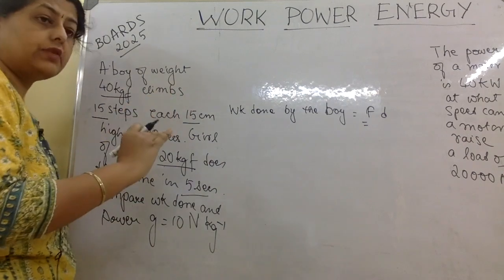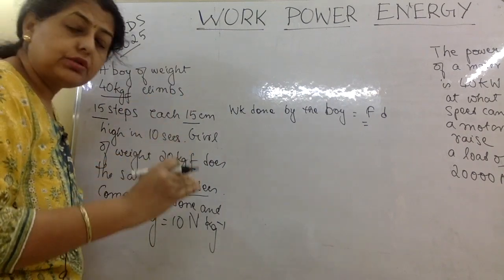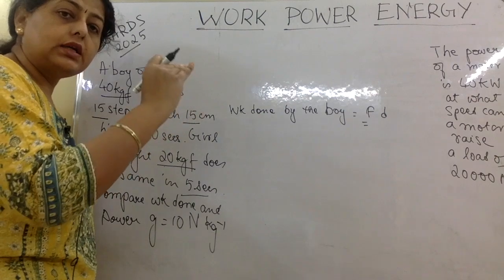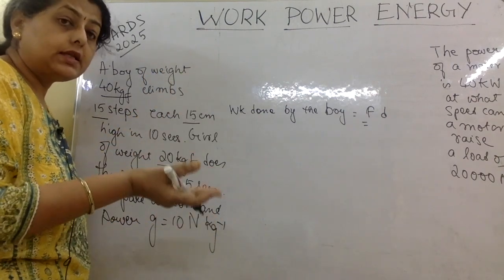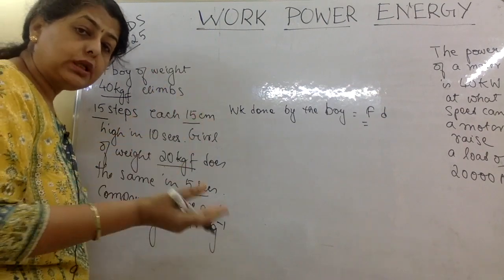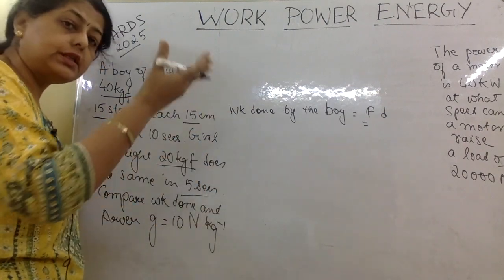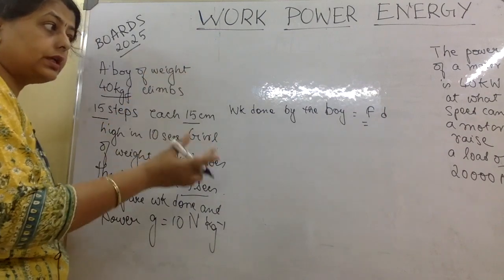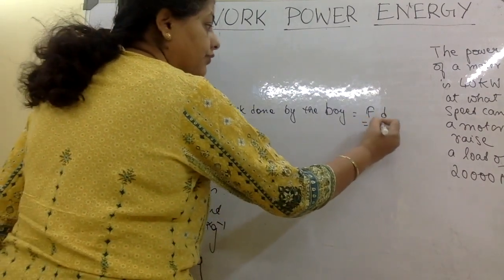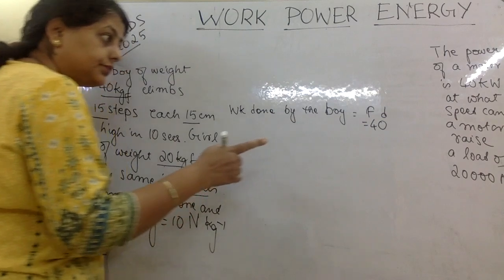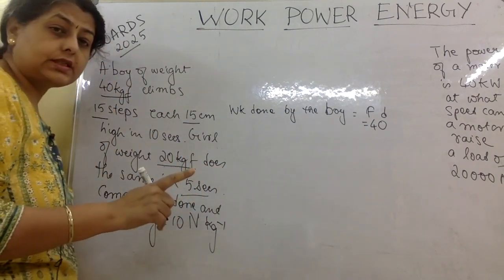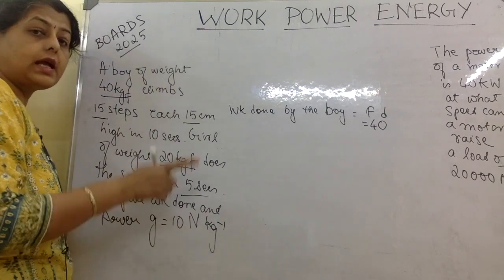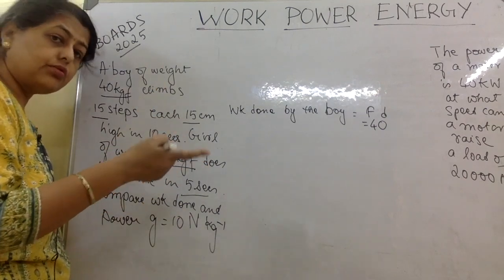If he is weighing 40 kg, he has to lift his weight up against the earth's pull of 40 kg, only then can he climb the stairs. So 40 kgf is the force, but we can't use kgf in a sum. We'll have to use the 10 and turn it to Newton.